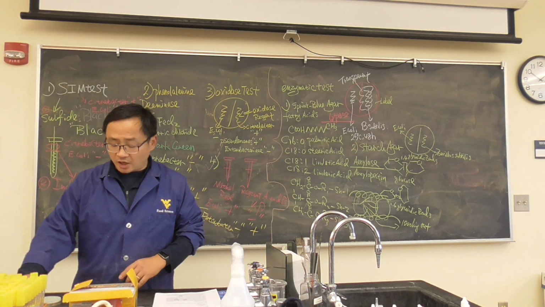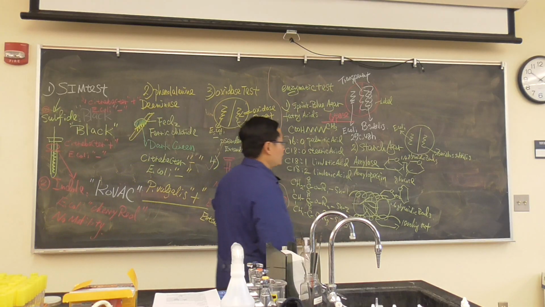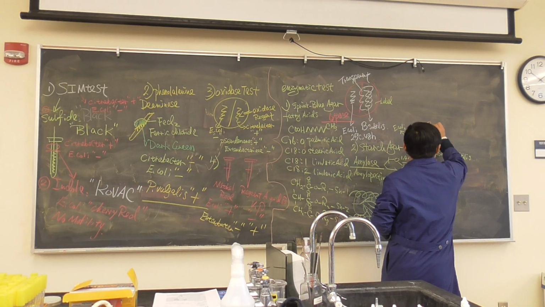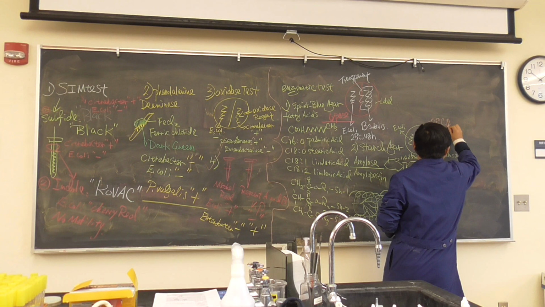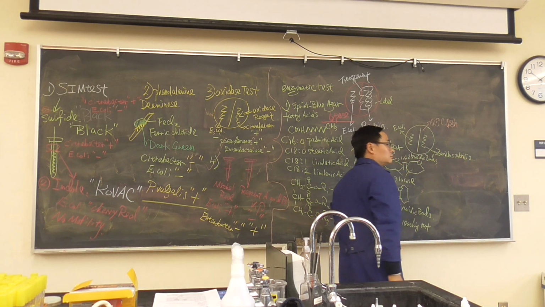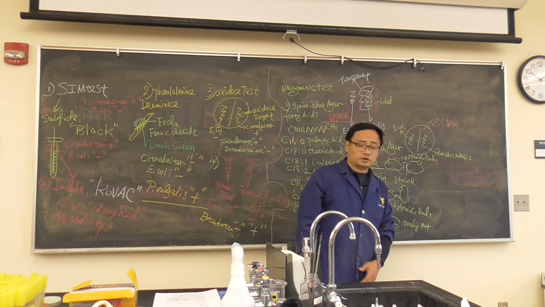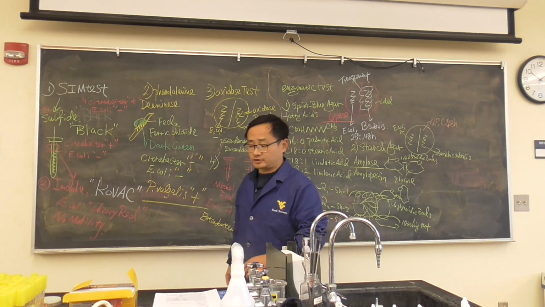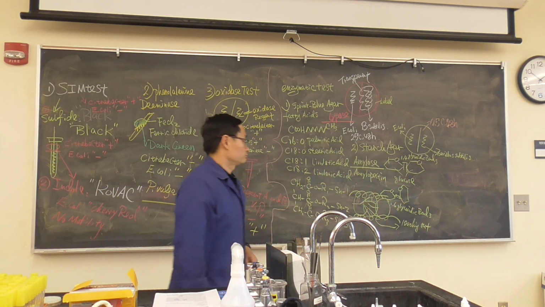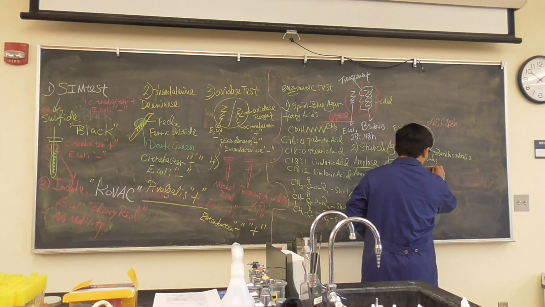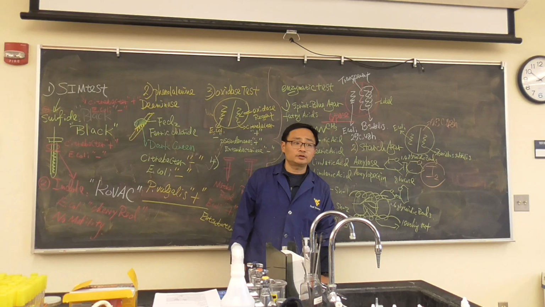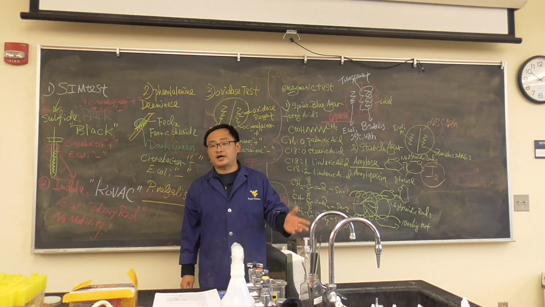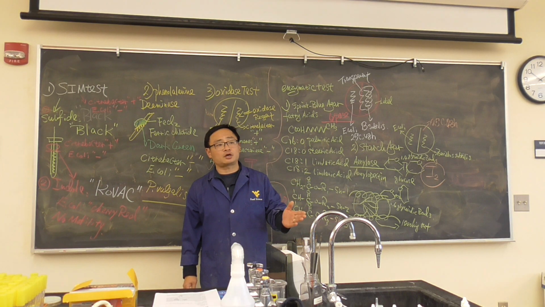You have to do the confirmation test after incubation, 25 degrees Celsius, 48 hours. Which reagent will react with starch? It's iodine. Is that right? We use iodine to evaluate the presence or absence of starch.